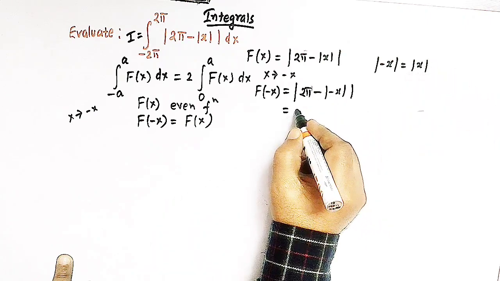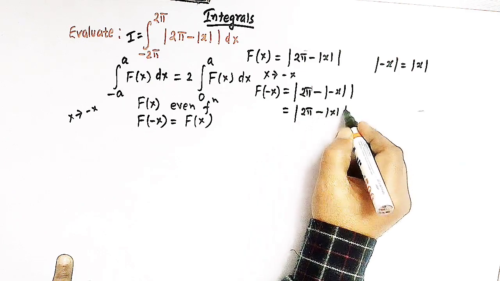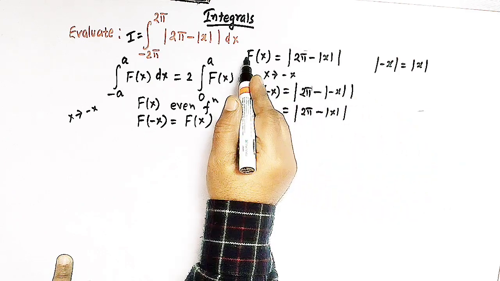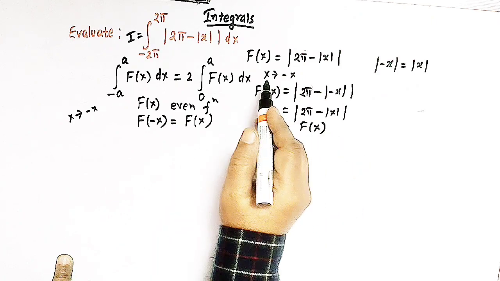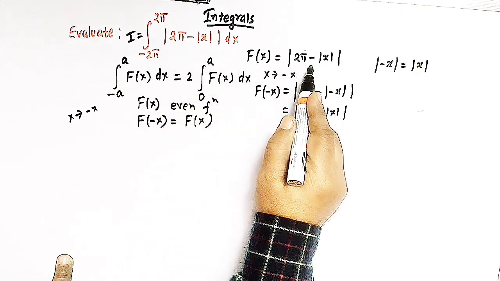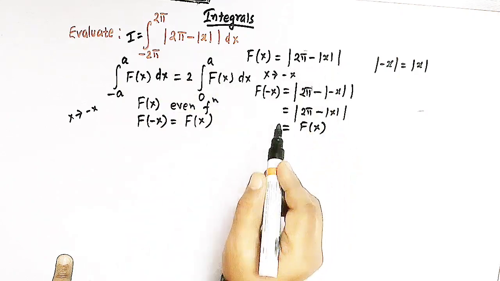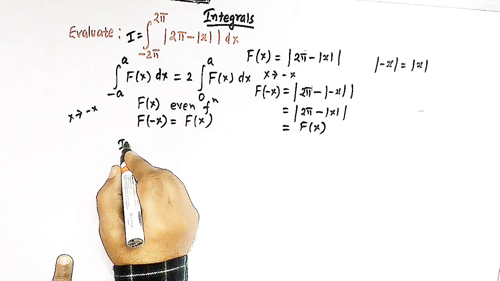And here we have mod of 2 pi minus mod of x, which is simply the function f of x, right? So we can see that our integrand, mod of 2 pi minus mod of x, is an even function, right?